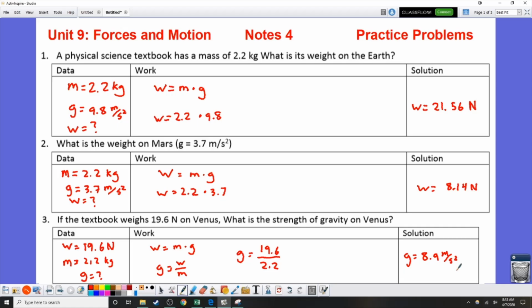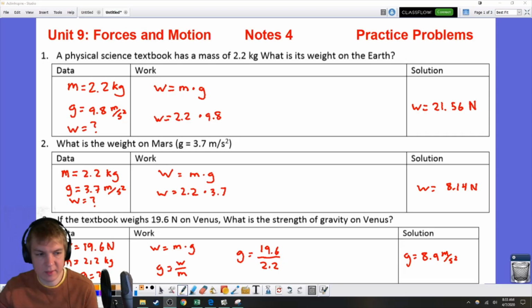All right. You might not have known this, but Venus is the planet that is closest to Earth's size. So you can see that the gravities aren't that far off. It's certainly not like Mars and Earth, where their gravities are very far off. 3.7 and 9.8 are very far off, but 8.9 and 9.8, they're not that far off.